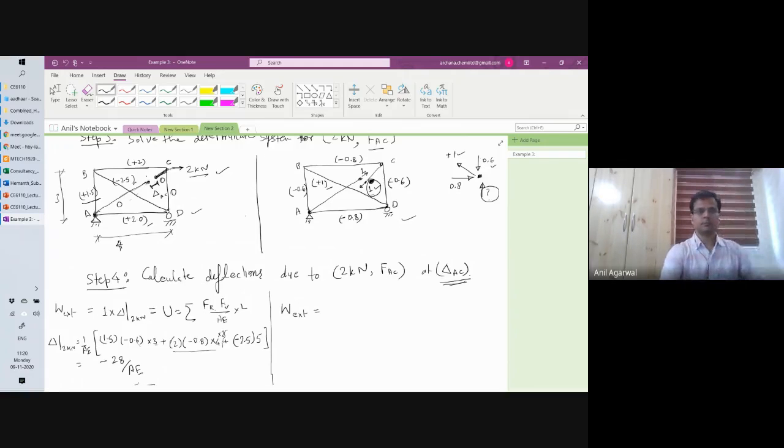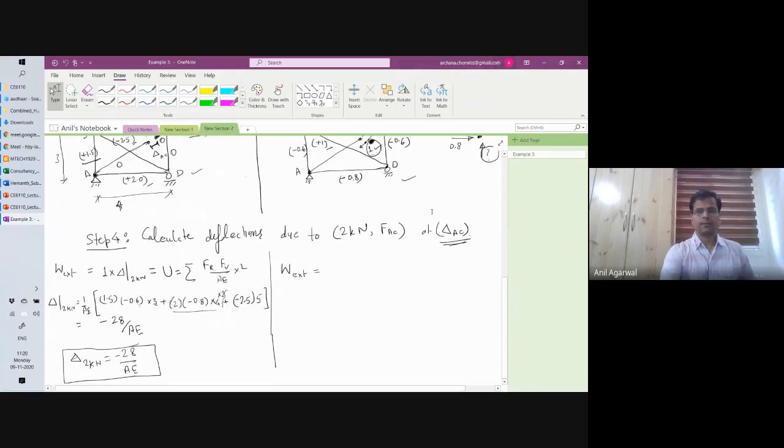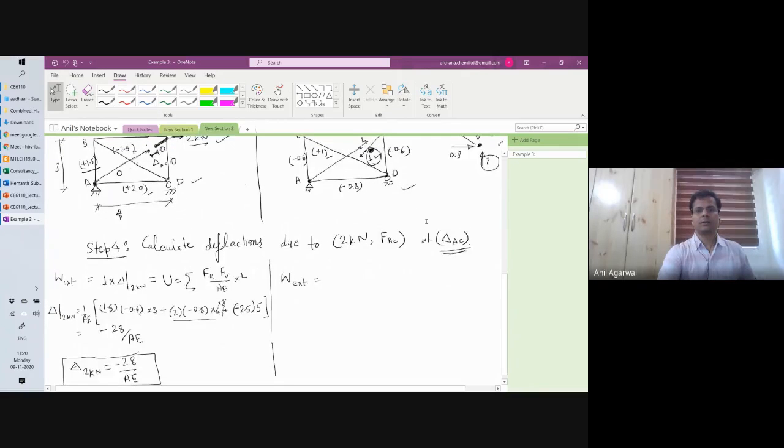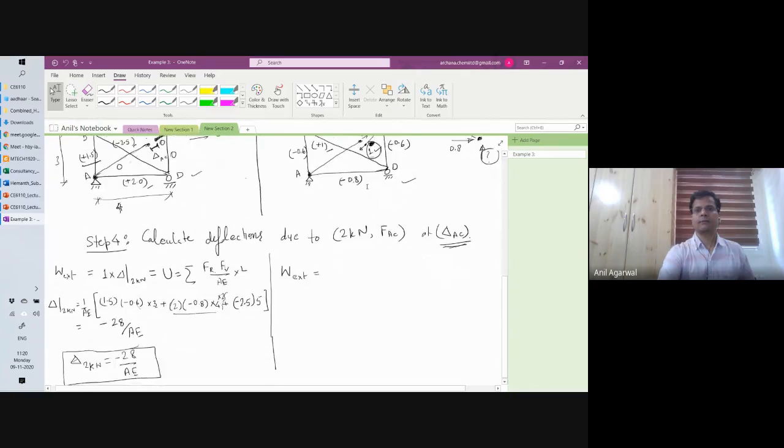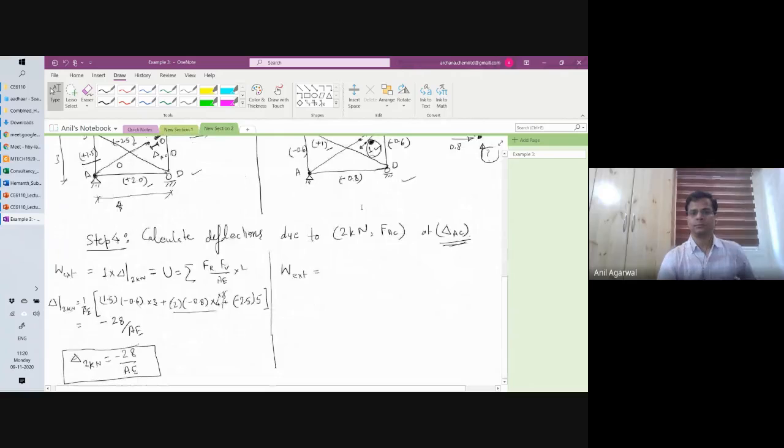Okay. So this minus basically represents that it is opposite of the FAC sign that I had assumed here. Now W external here, when I am calculating the delta AC because of FAC, it will be 1. Because basically what I'm saying is I'm applying unit force first and then I'm applying FAC at the same location. So 1 is the unit force first multiplied by delta because of FAC.